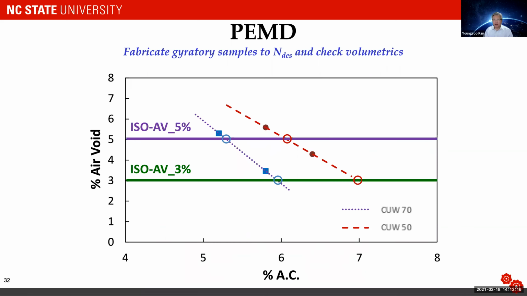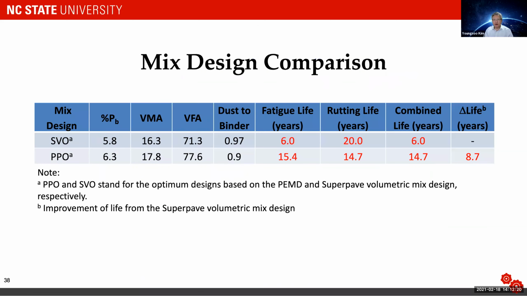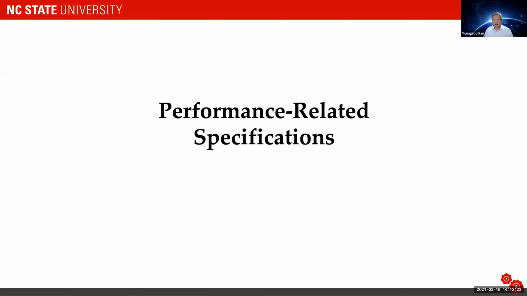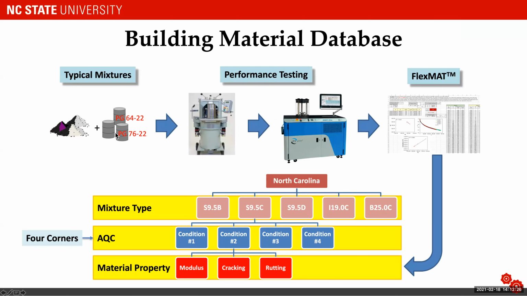That pay table discussion is really about this database. Here you see in the state of North Carolina, we have these five mix categories. This is exactly what you do in pavement ME local calibration.